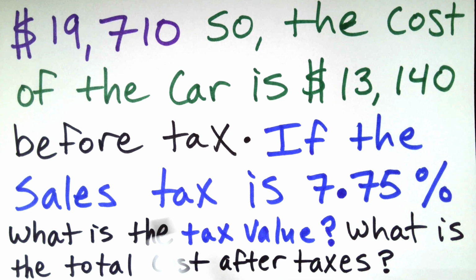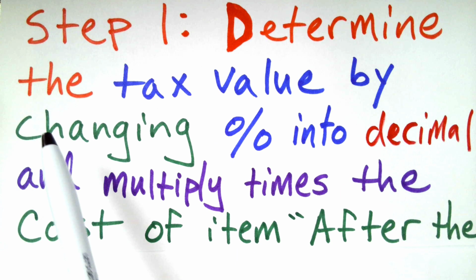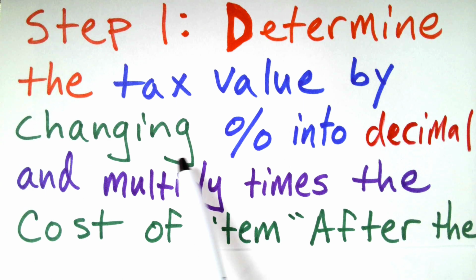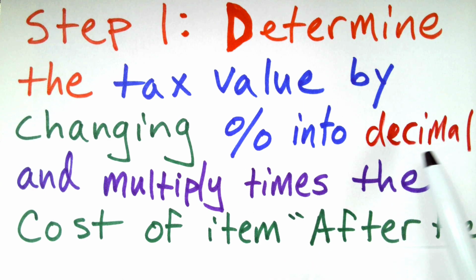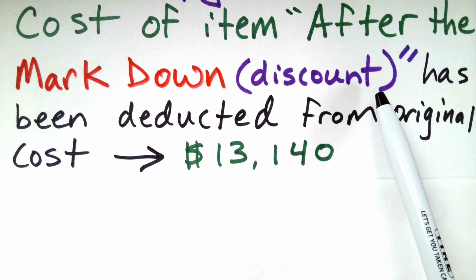Okay? If the sales tax is 7.75%, what is the tax value? What is the total cost after taxes? Okay, so step 1, we want to determine the tax value by changing the percent into a decimal and then multiplying times the cost of the item after the markdown discount.